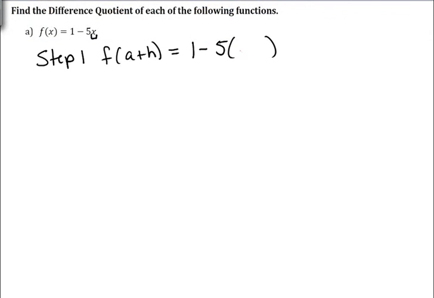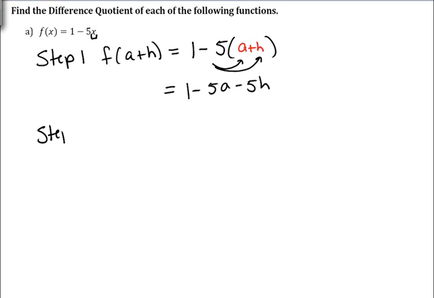I'm just going to put that in red. And now we want to simplify this expression, and to simplify it we want to distribute this negative 5. And so f of a plus h is 1 minus 5a minus 5h.